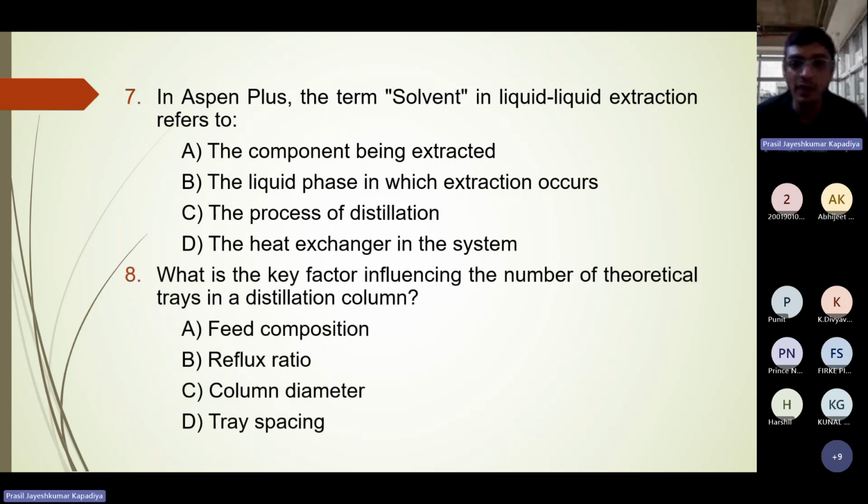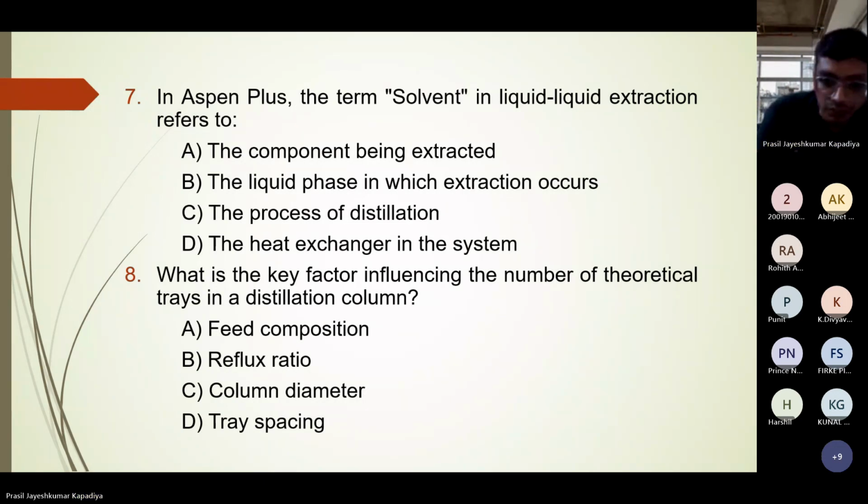Then what is the key factor influencing the number of theoretical trays in a distillation column? Reflux ratio. Yes, I showed you that graph of N minus Nmin versus R minus Rmin, right? So N and R are interdependent.